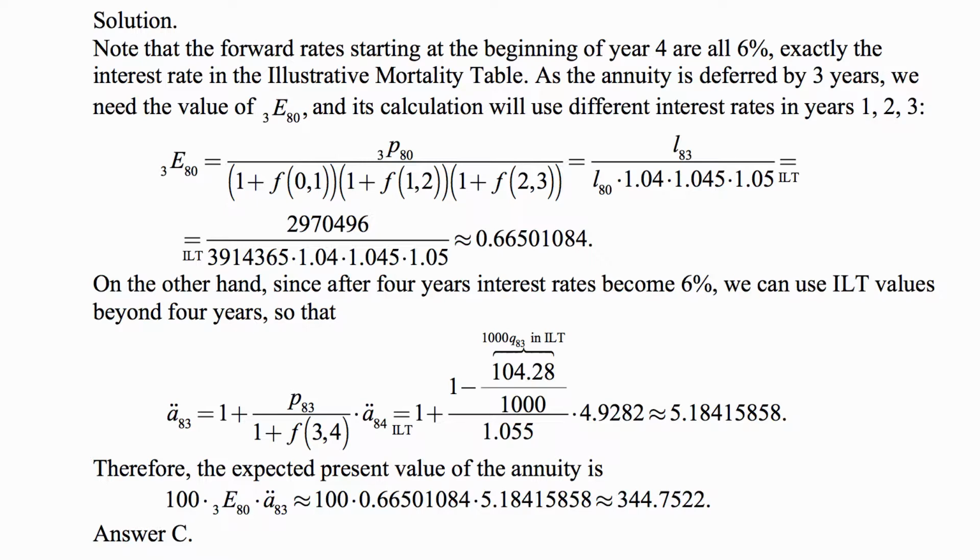And P83, well, we can either take L84 over L83, but since the probability of dying within a year is given in the table in the form of 1000 times Q, we can just read 1000 Q83 from the table, which is 104.28, divided by 1000 to get Q83, and 1 minus Q83 is P83, so that's a little bit simpler calculation.